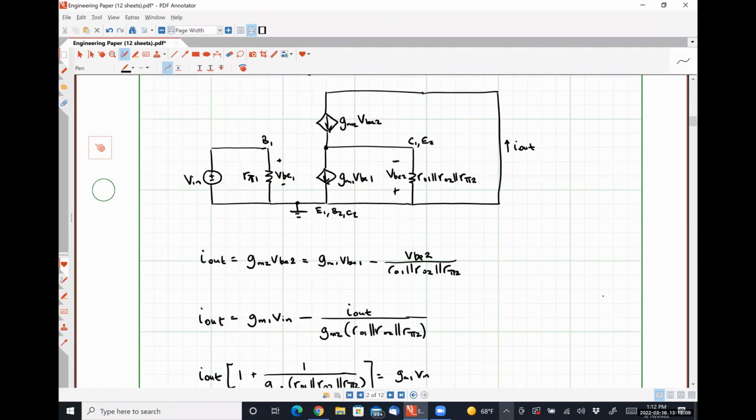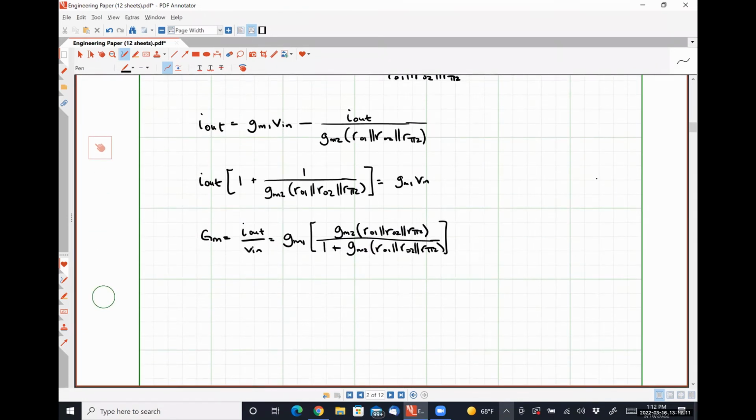Under that constraint, this simplifies to GM1. If we were building a discrete cascode amplifier, we would have to use this relationship because these parameters would not be the same between the two transistors. Okay. I'm a little confused now.